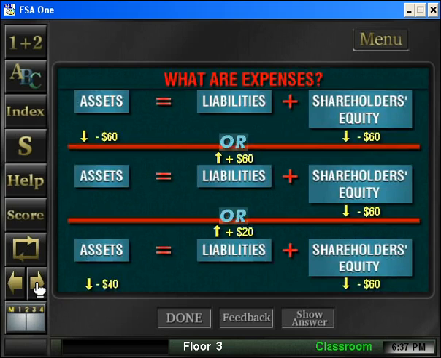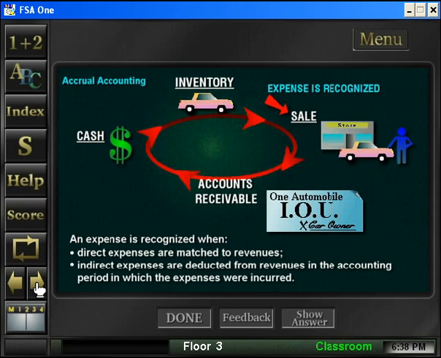Expenses are the decreases in shareholders' equity that result as a company pursues its goal, revenues. In order to achieve revenues, assets must be used up or liabilities incurred, or a combination of the two. Expenses are categorized traceable to revenues or not.